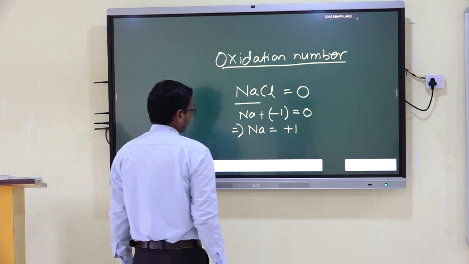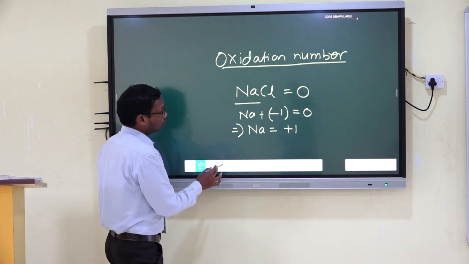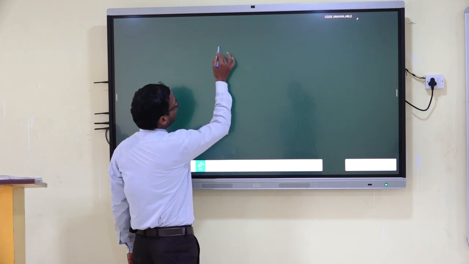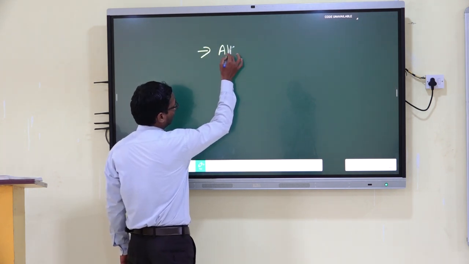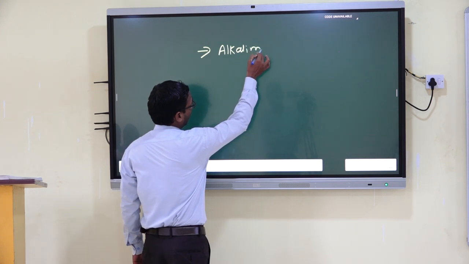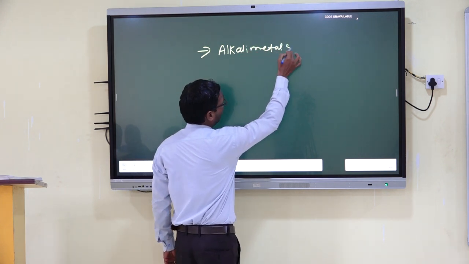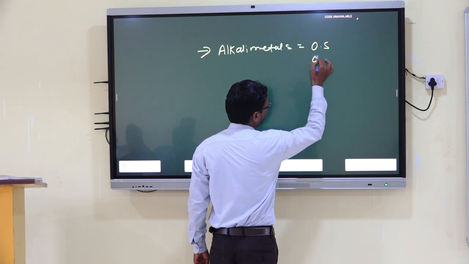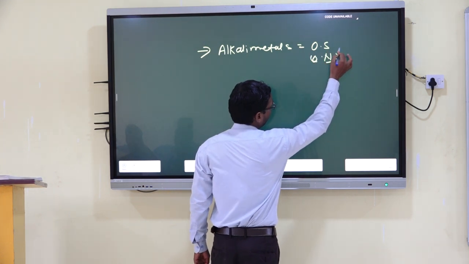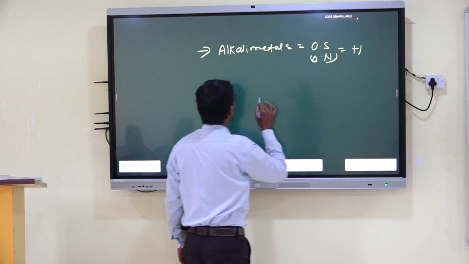But in previous classes you also know some important facts. Alkali metals have oxidation number +1.